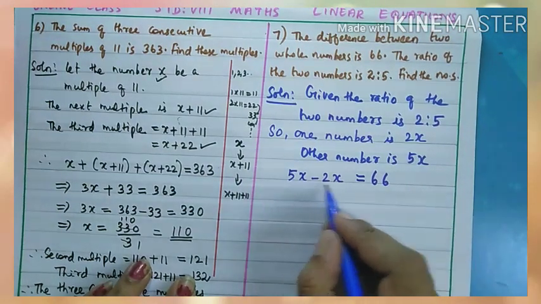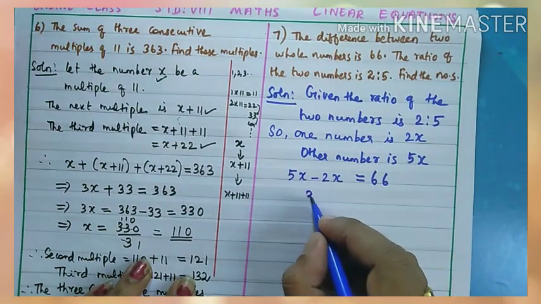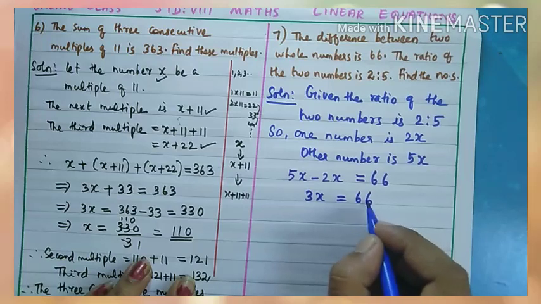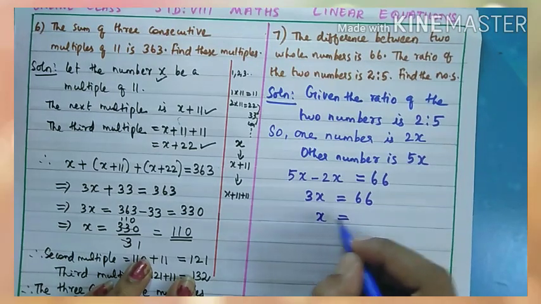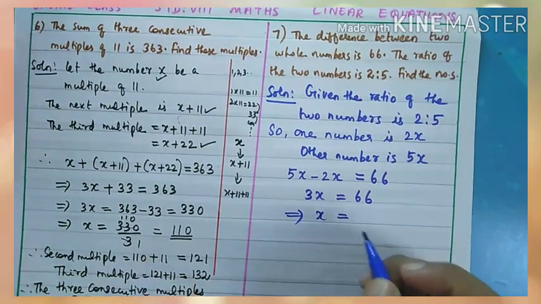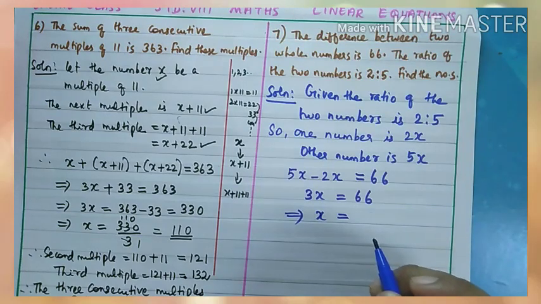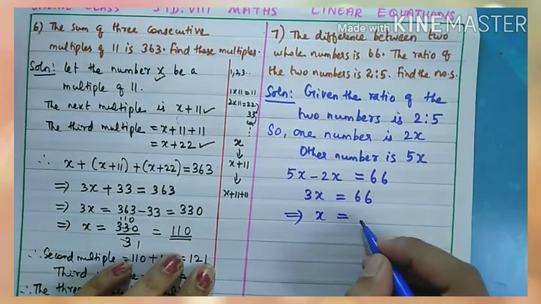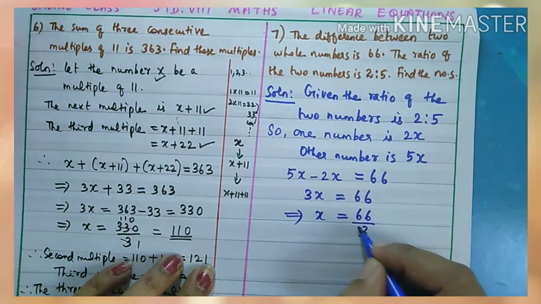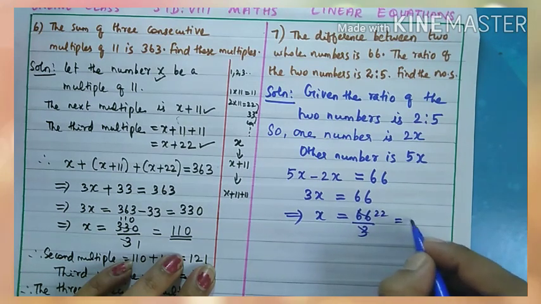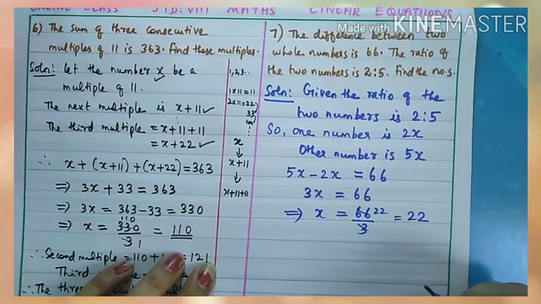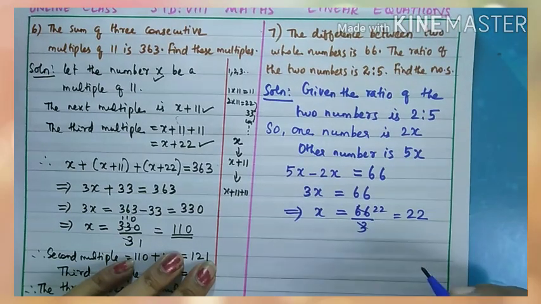What is 5x minus 2x, like terms? 3x. So 3x equal to 66, and from this what is x? This implies 3 will transpose and becomes division, 66 by 3. When you reduce, you get 22. So thus you got the value of x is 22.